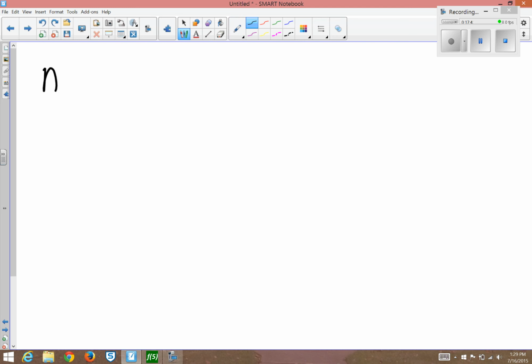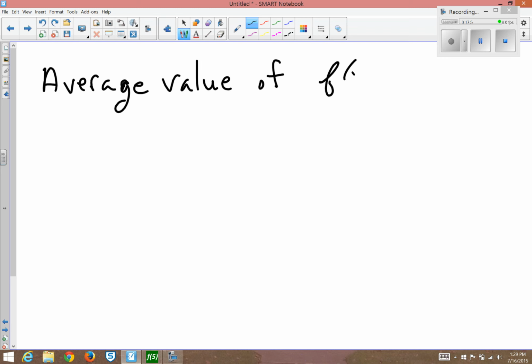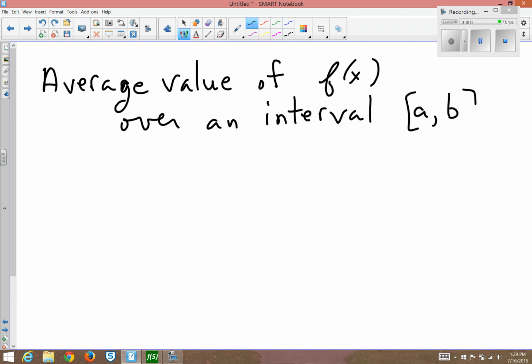So here's a formula. The average value of a function, let's call the function f of x, over an interval, let's say from a to b, some number to some number, is, f with a bar over it is the symbol for the average value of f.